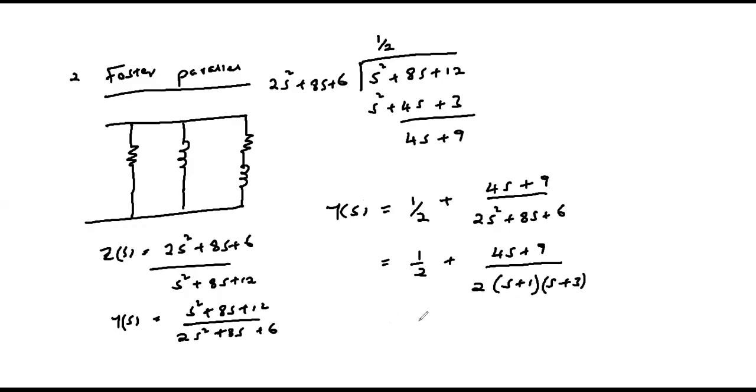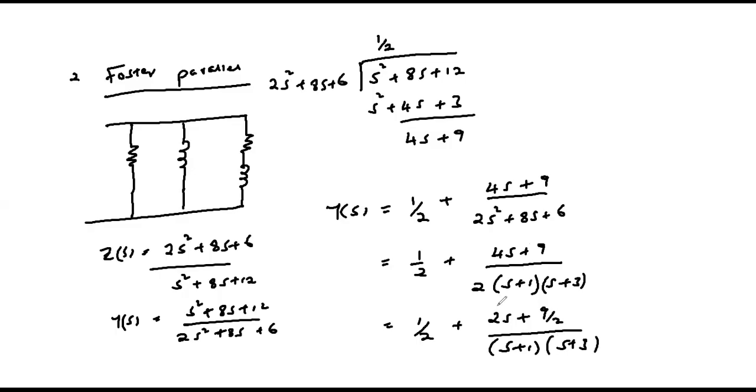We take the 2 up to get (2s plus 9)/2 over (s plus 1)(s plus 3).